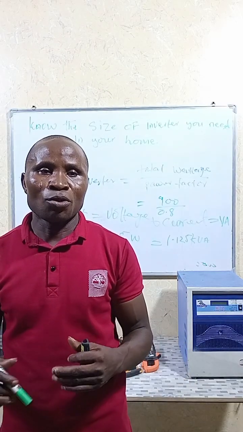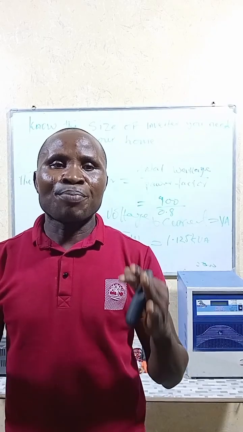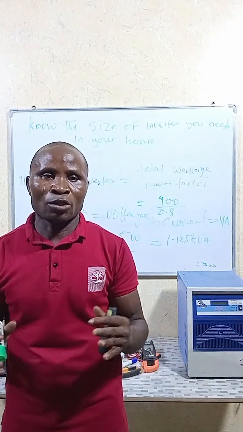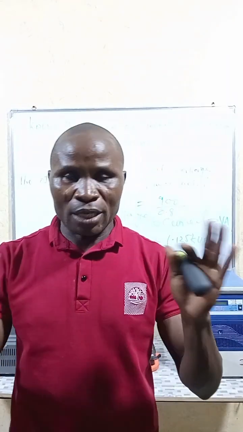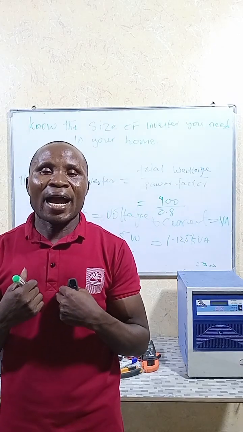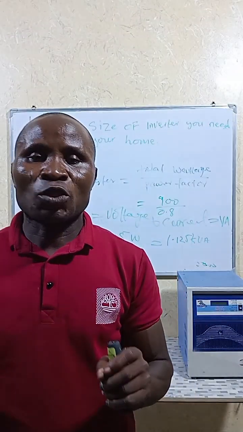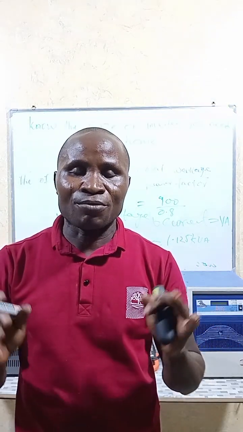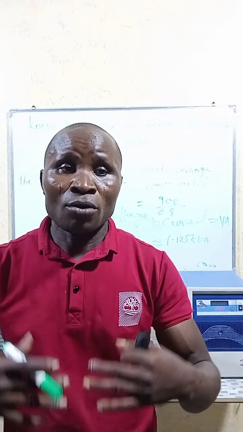That is where we bring in the issue of tolerance. Some people add 30% of the total load, but when I am designing, I add 50% of the total load, so it can accommodate more later without issue.